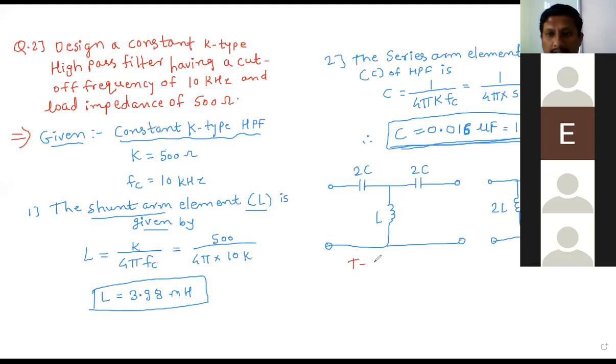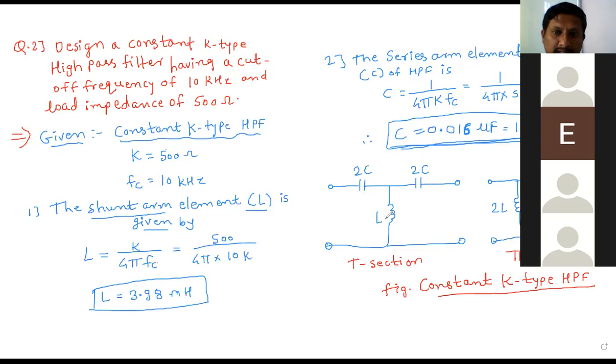This is T section. This is pi section. This is the figure, constant K type high pass filter.